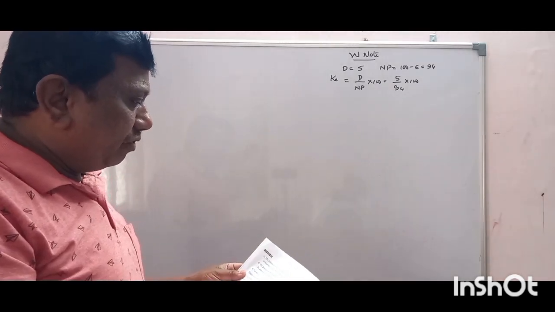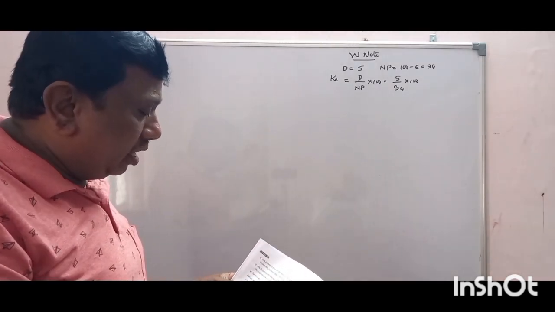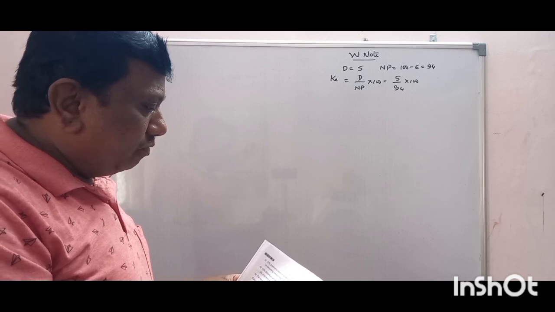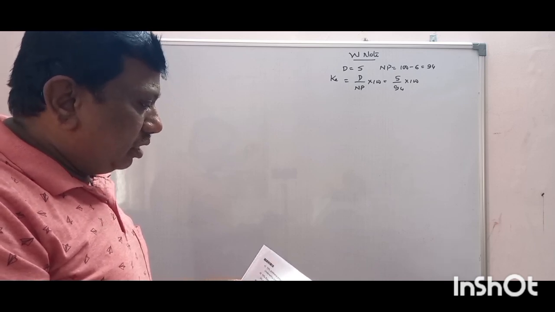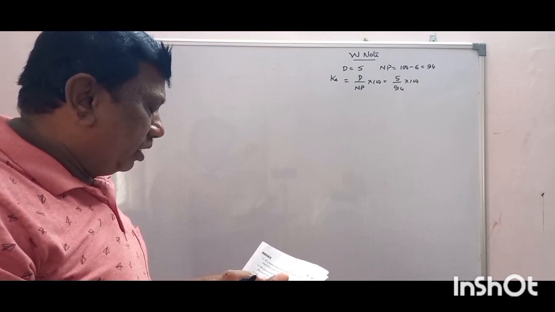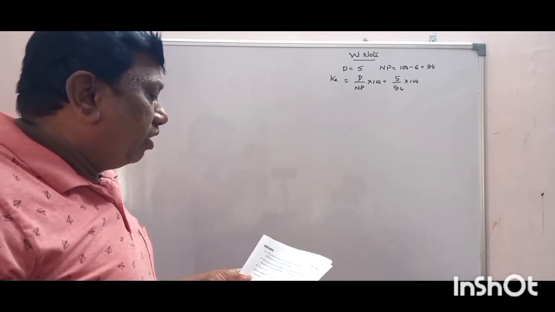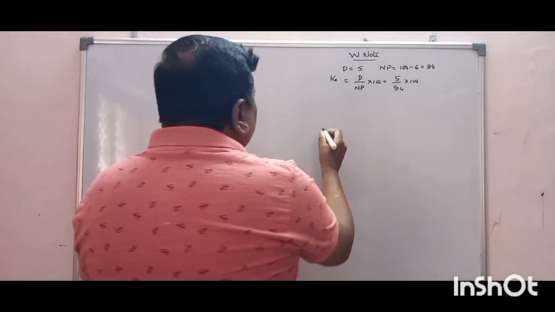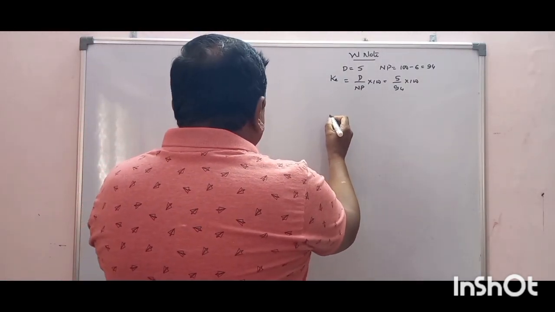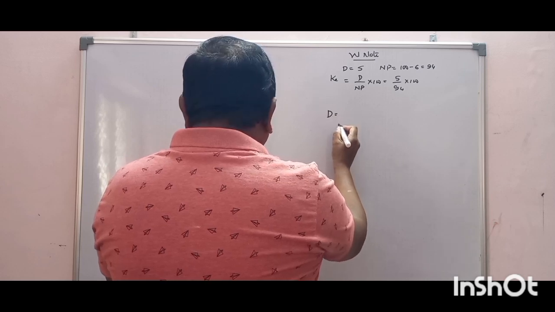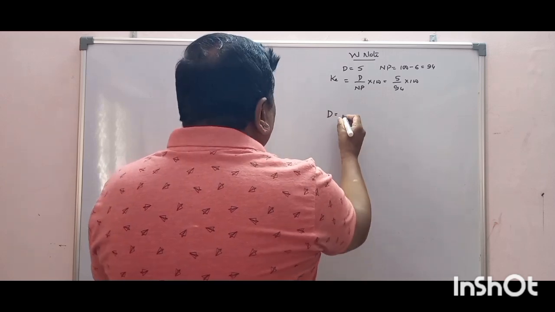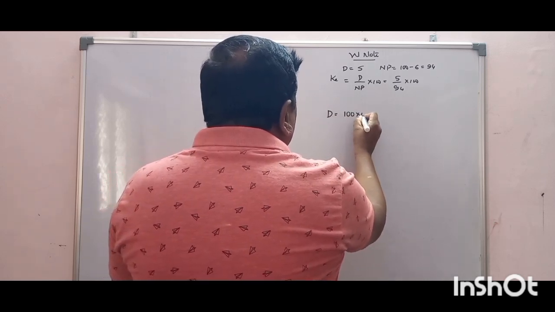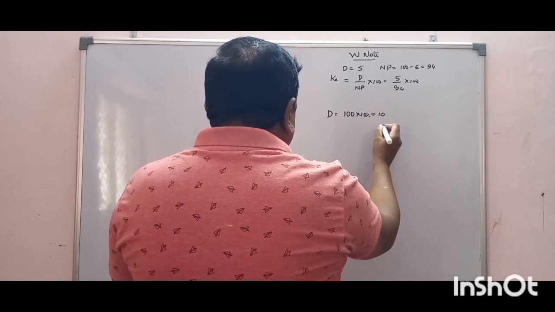Second, 10% preference shares with face value of 100 is issued at 140 per share. See, they are giving a dividend of 10%. Now they are issuing at 140 per share. So the KP should be, I am writing, dividend on 10% preference shares of face value 100, so 100 into 10% will get 10 only.